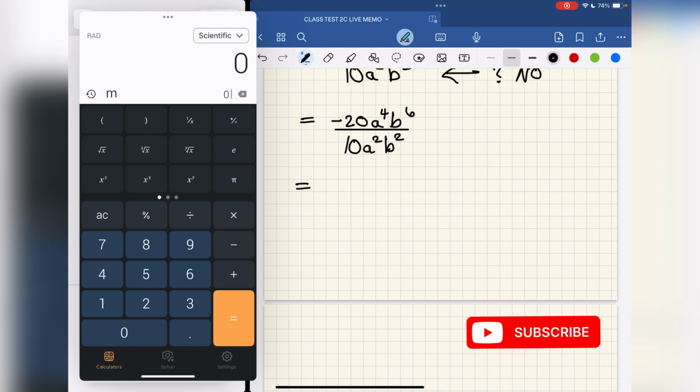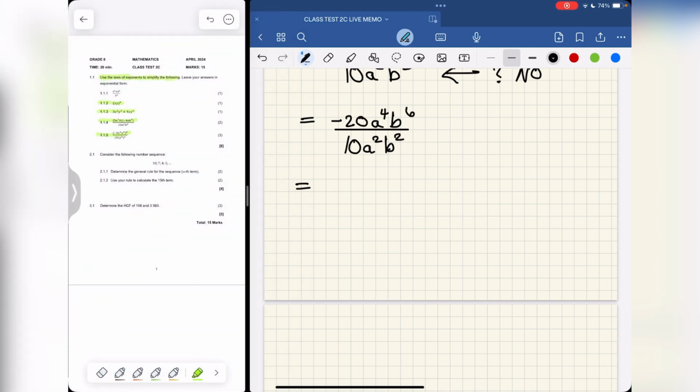So please just take your calculator and type negative 20 divided by 10, and it gives you negative 2. So you know that your answer is negative 2. It is not a half. So when you write your answer, you say this is negative 2.